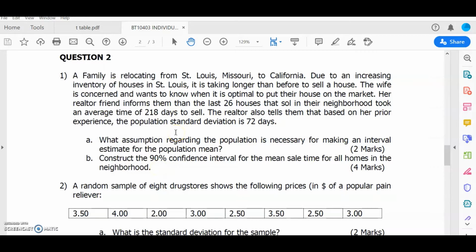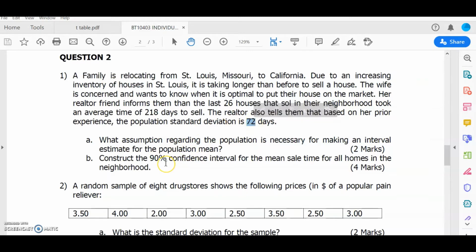So we have a number of key information based on this statement. Number one is that we know the sample size is equal to 26 houses, and the average time to sell a house is equal to 118 days, as well as the population standard deviation, in this case equal to 72 days.